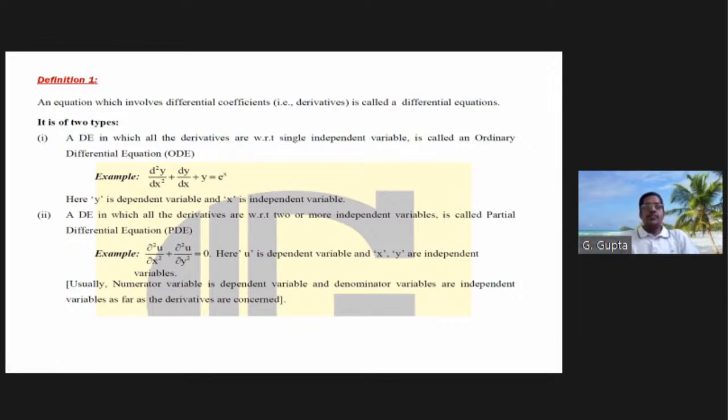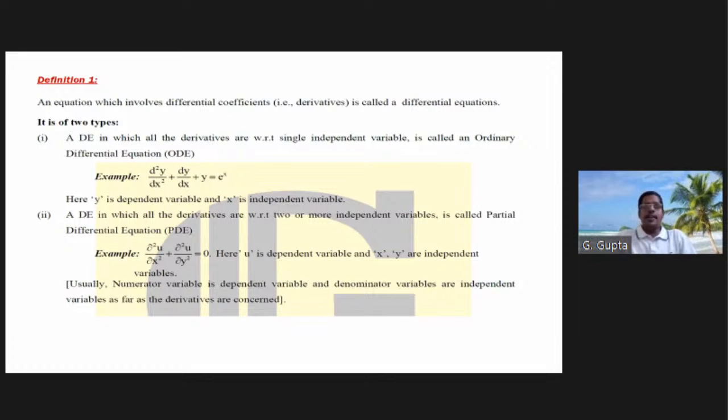An equation which involves differential coefficients, which is another name for derivatives, is called a differential equation. So derivatives are of two types: ordinary derivatives and partial derivatives. The derivatives with respect to only one independent variable are called ordinary derivatives.